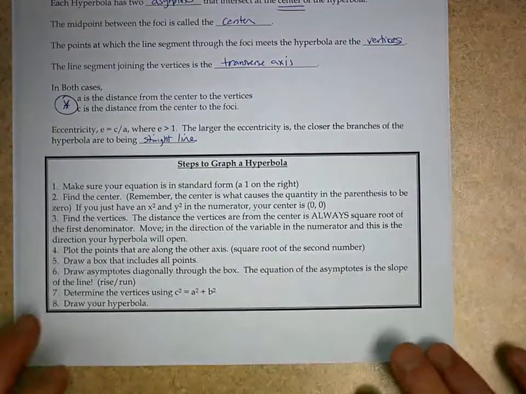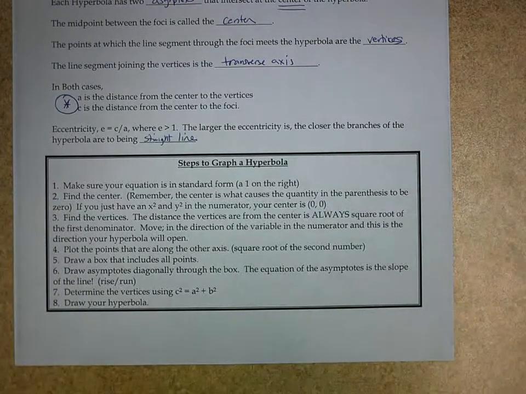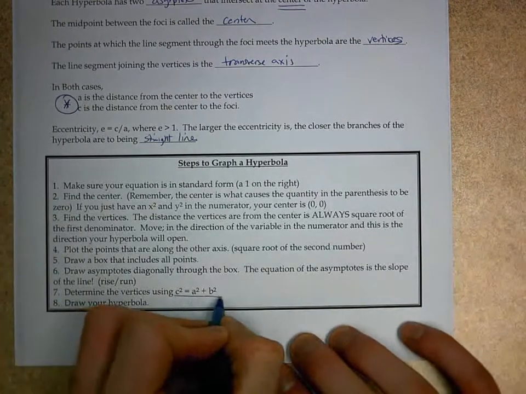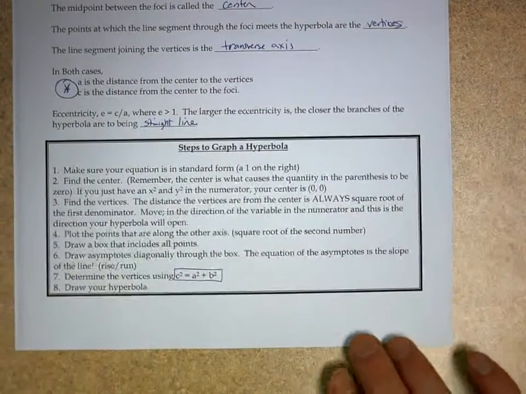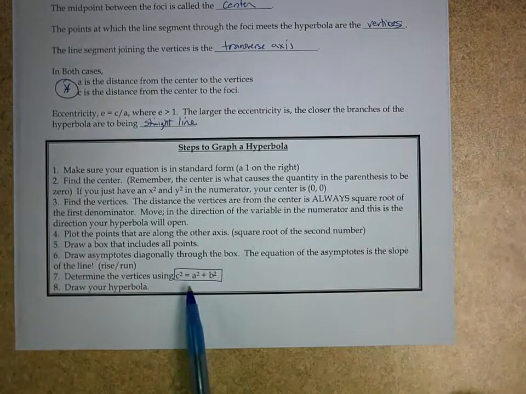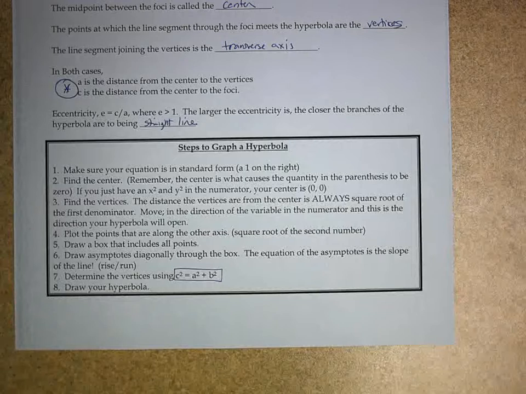The bottom of page 154 is going to show us 8 things that we need to do when we look at graphing a hyperbola. And we're going to graph in the next example. But a couple things I want to point out here is that c squared equals a squared plus b squared. That is different from what you had with the ellipse, where it's a squared minus b squared. It looks just like the Pythagorean theorem.